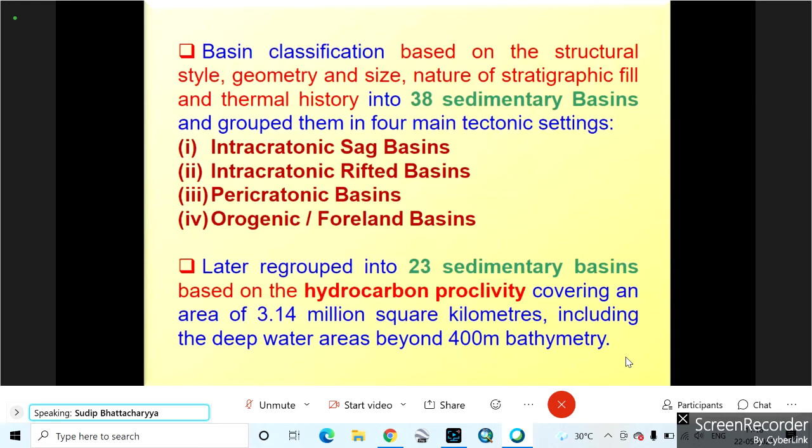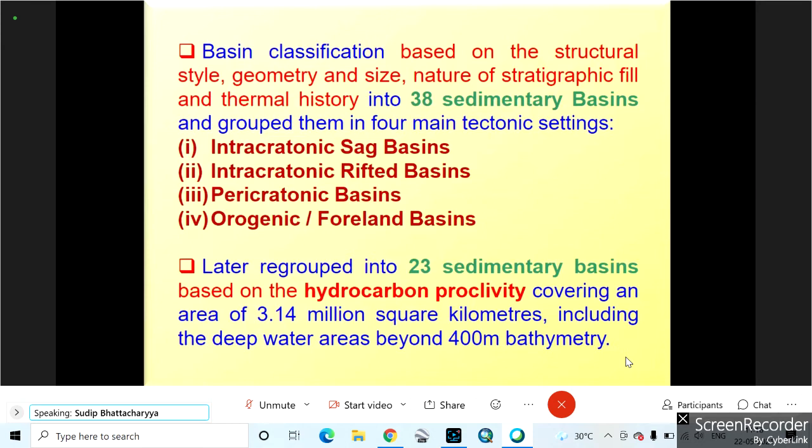And most of the time, the sag basins are affected by the basement faults, and then they are transformed into the deep basins. So some sag basins, that is the old basins, are not affected by these types of basement faults. So they are remaining over there. These are called the sag basins.